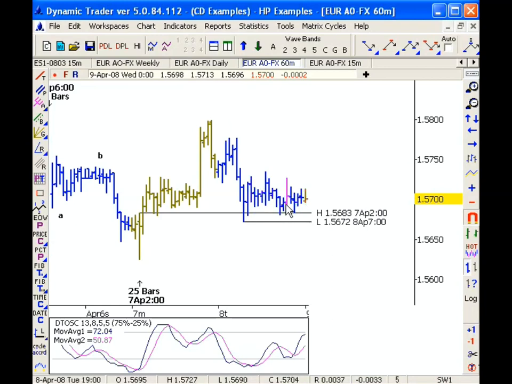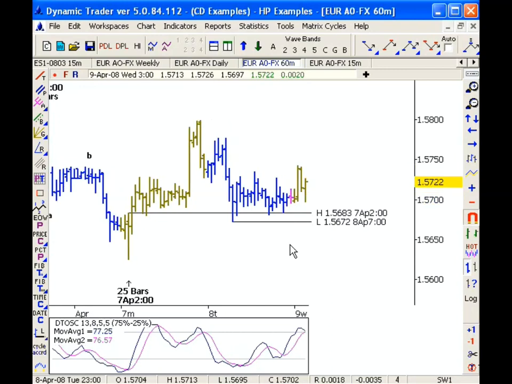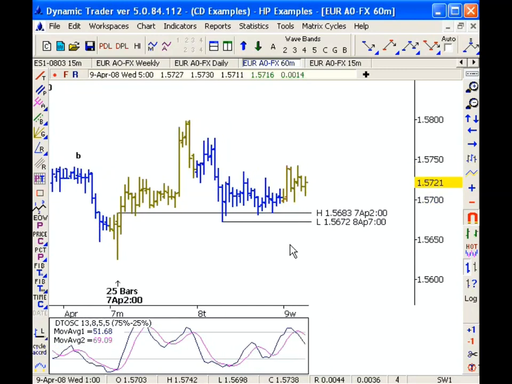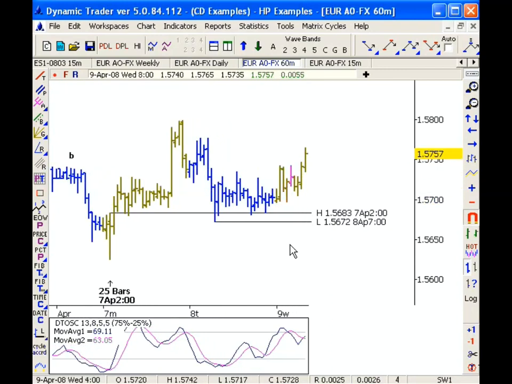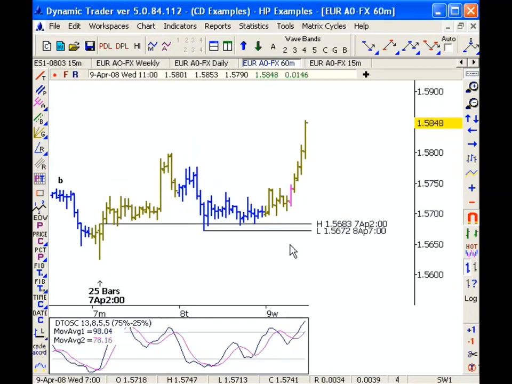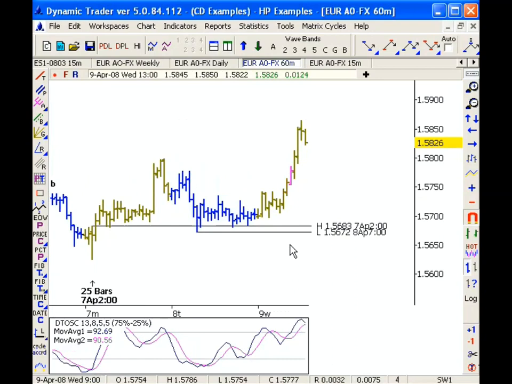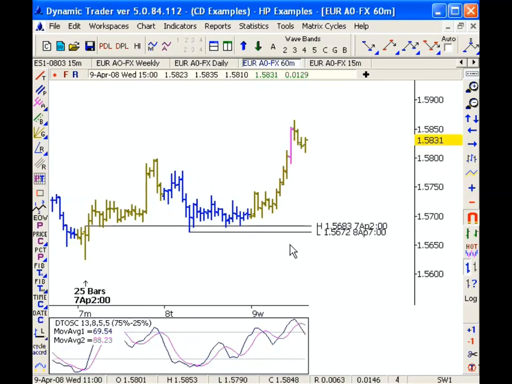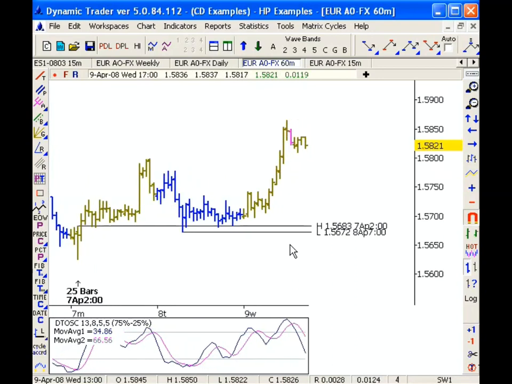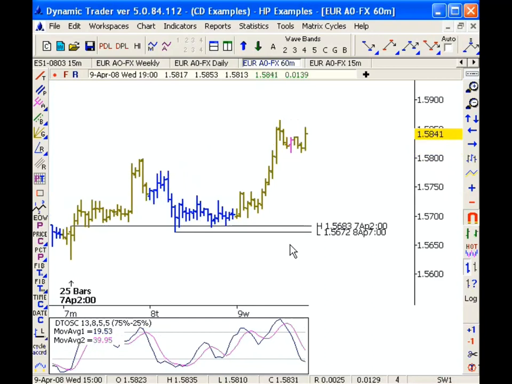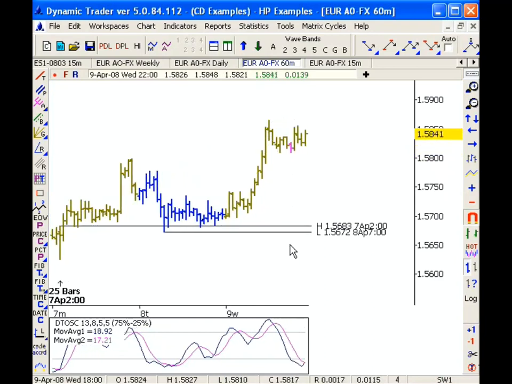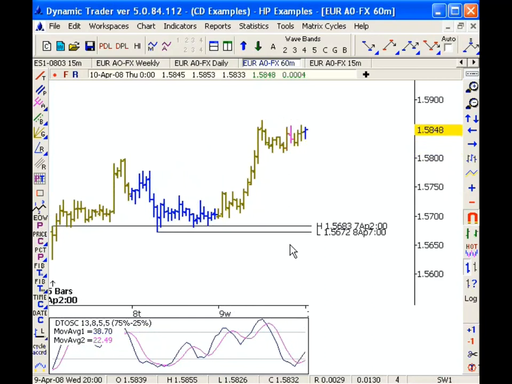So we've gone through one more complete day. We'll continue to add bars. There, the market's taking off pretty strongly. And there, as of this last bar on the chart, we just started a new trading day.